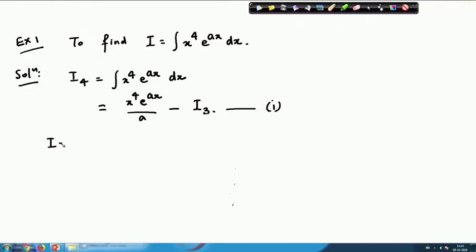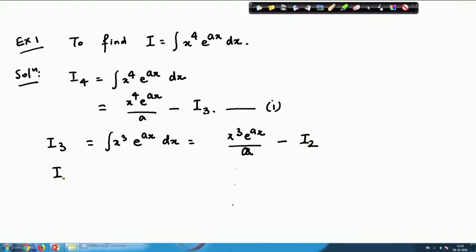Now I3 will be the integral of x to the power 3 e to the power ax dx, and this can be written as x to the power 3 e to the power ax by a minus 3 by a times I2.